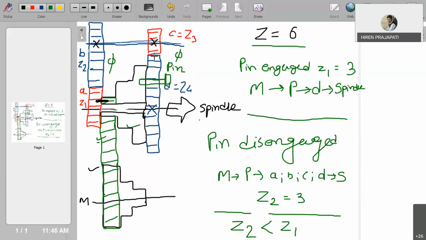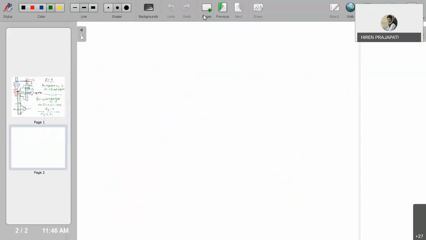So with this basic, now suppose we try to draw the ray diagram, then let me draw the ray diagram. Again, if we consider a similar orientation which we discussed in all-geared headstock, vertical lines stand for shafts.